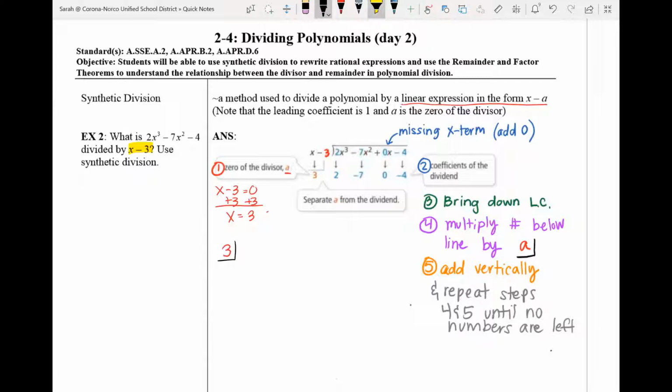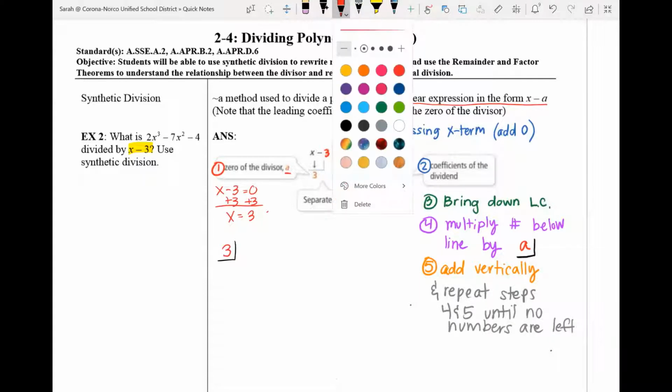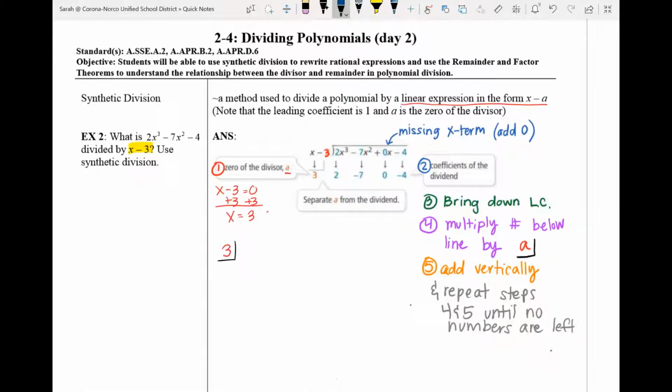And then for the dividend, what I'm going to do is list out the coefficients. So notice that we are dividing 2x cubed minus 7x squared minus 4. And so that's missing the x term. So we've got a 0x inside the dividend in this model of long division.